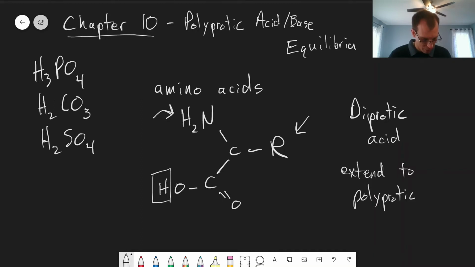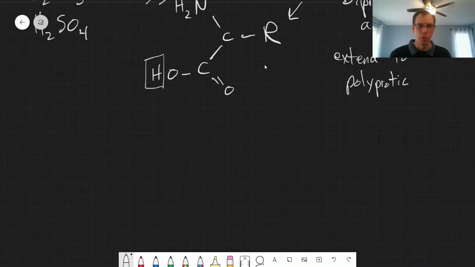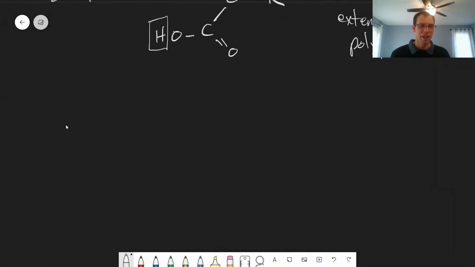You can have things with a lot more, but we're going to stick to just a few protons on the acid or base. So as we're thinking about a diprotic species, we're going to look at one specific example as our test case, which is alanine.